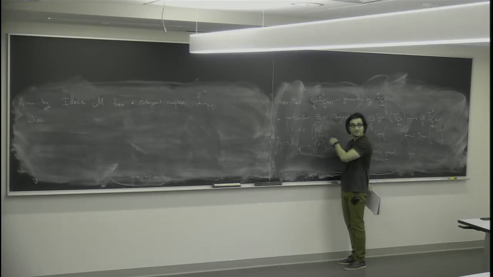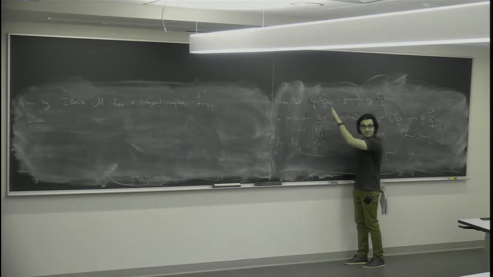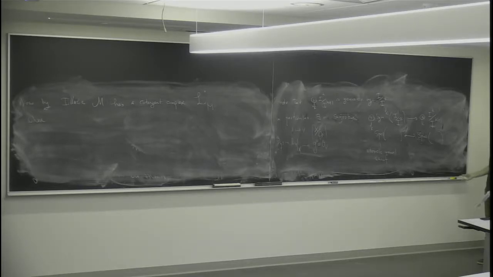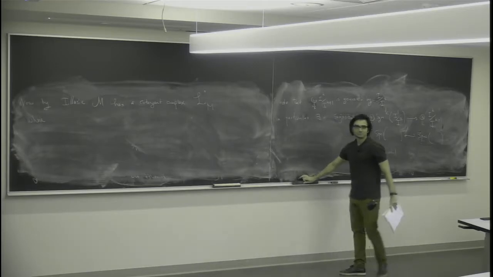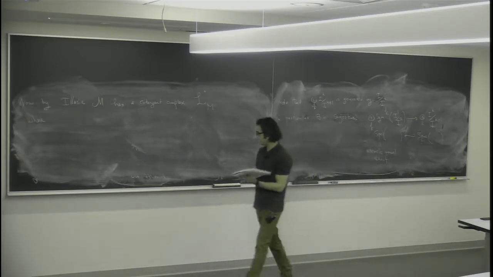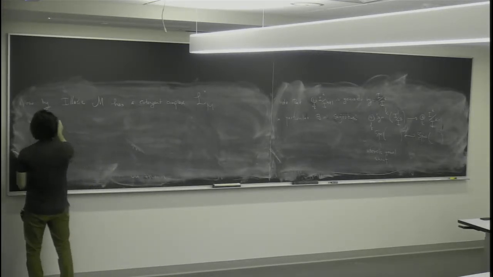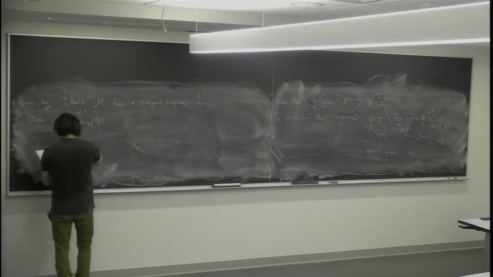The deformation obstruction theory of M is given by a map in the derived category, a homomorphism in the derived category of M, something like E dot to L dot of M. Let's call this map mu, such that H0 of mu is an isomorphism and H minus 1 of mu is an epimorphism.